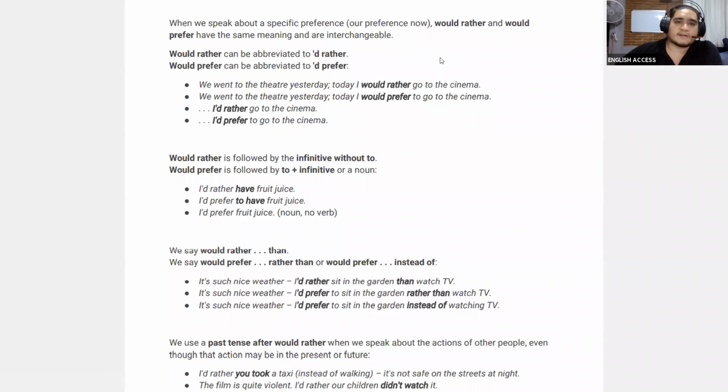When we speak about a specific preference, would rather and would prefer have the same meaning and are interchangeable. So we can either use would rather or would prefer for a specific preference, and it would make no difference. So we have some examples right here.